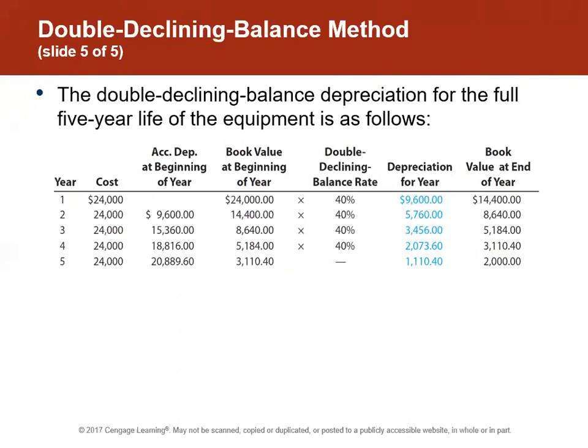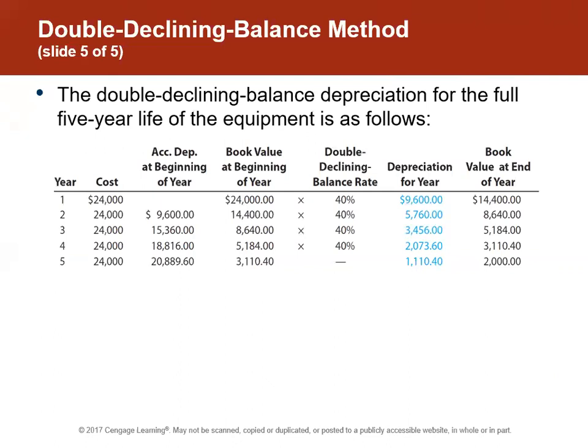Okay, so it should have a residual value of 2,000 when we're done with it, right? That was its residual value. So to get that last year of depreciation, we just take the 3,110.4 minus 2,000. So that way we're not depreciating it beyond that residual value.